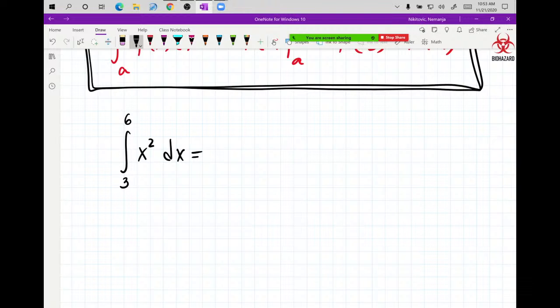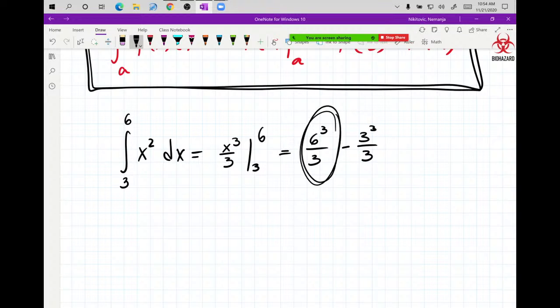You can now do anything because you know how to compute this. X cubed over 3 computed from 3 to 6. That's going to be 6 cubed over 3 minus 3 cubed over 3. See, that's your F when you plug in 6, and then F when you plug in 3.